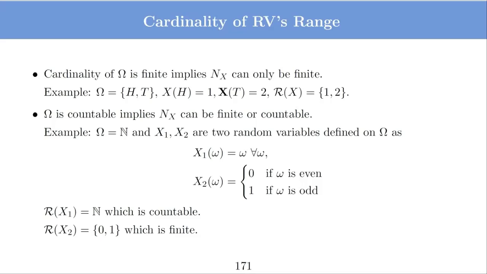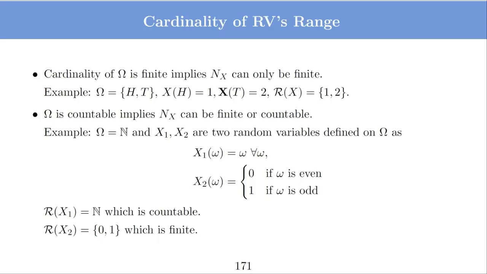It means there are a finite number of outcomes. Then from the previous discussion, we know the range should be finite only. Cardinality of range is less than or equal to the cardinality of your domain. So if omega is finite, then nx will also be finite.